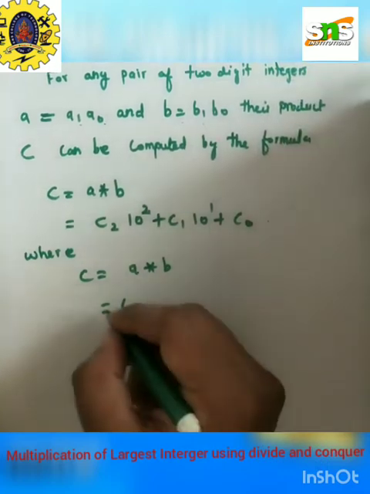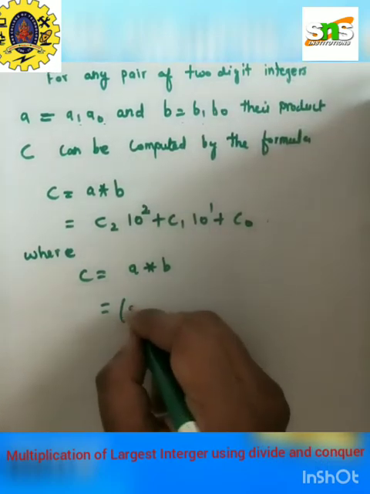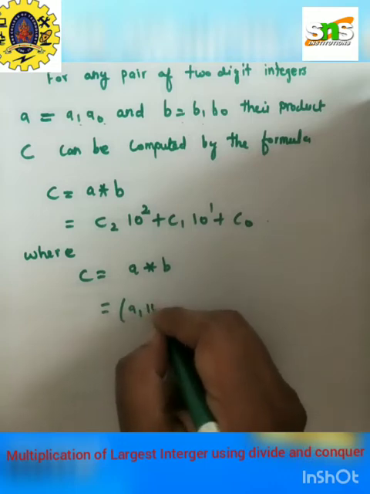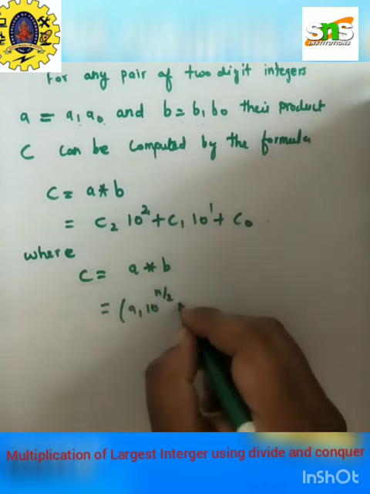So this will use a divide and conquer strategy. The given input will be divided by half. So A1 10 power n by 2 plus A0.